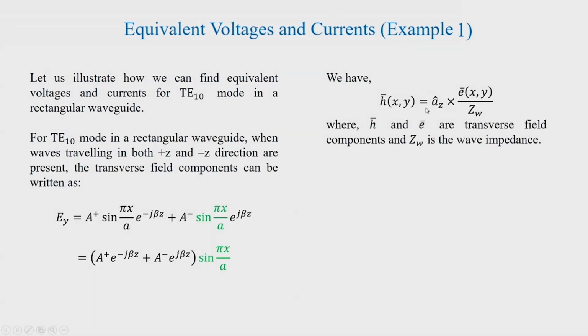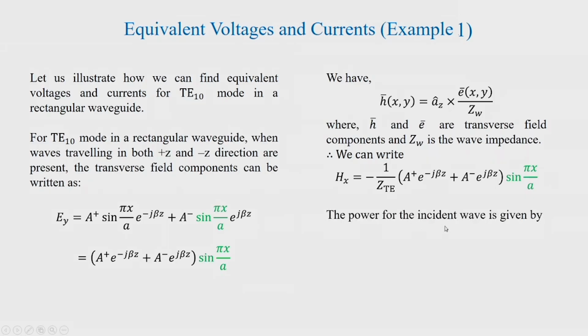So, from this relation, once we have written Ui, we can write the expression for Hx to be equal to minus 1 by Zte, A plus e to the power minus j beta z plus A minus e to the power j beta z, sin pi x by a.